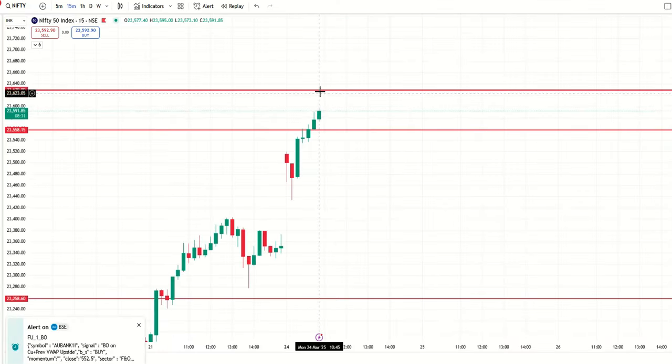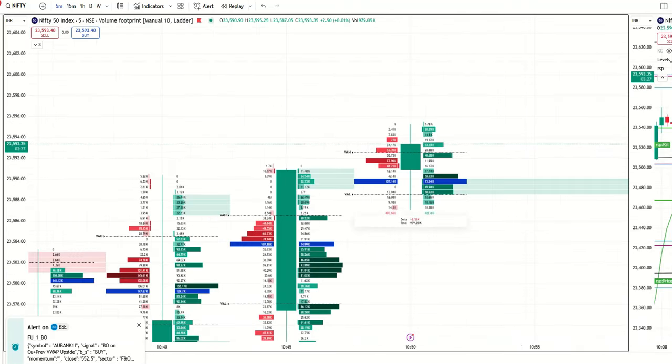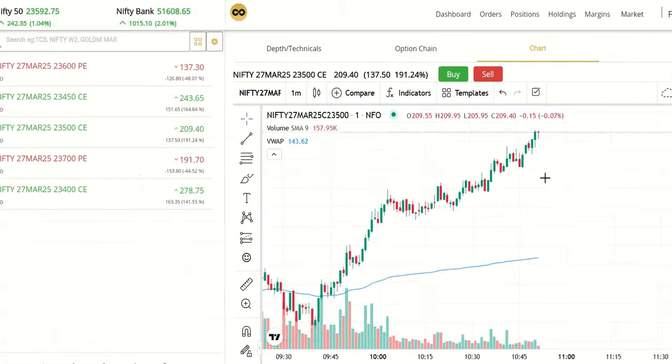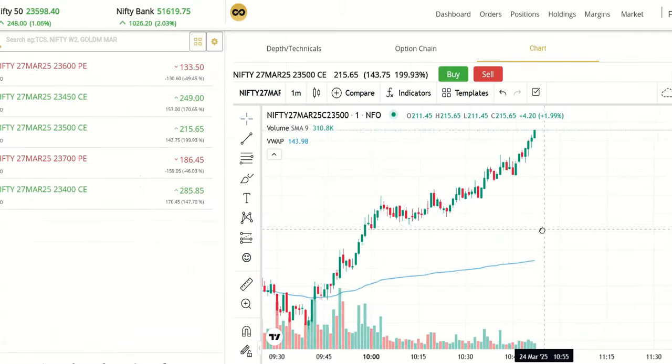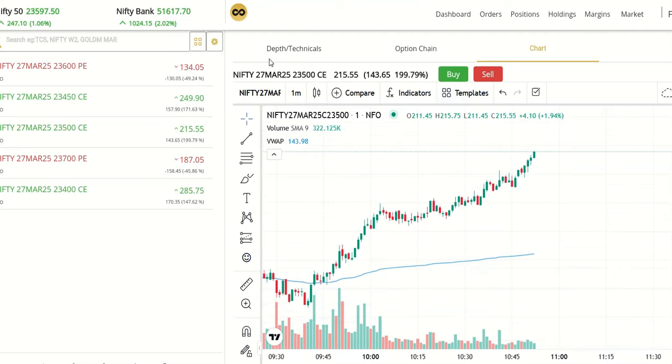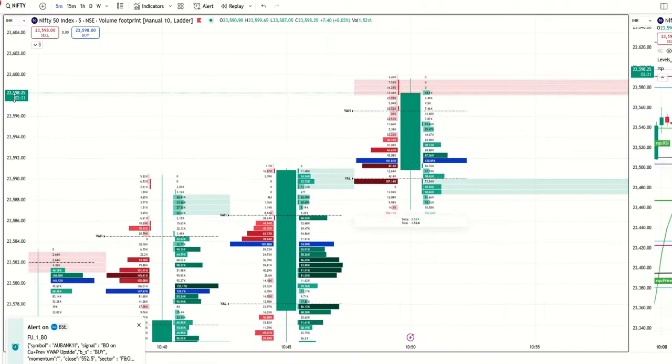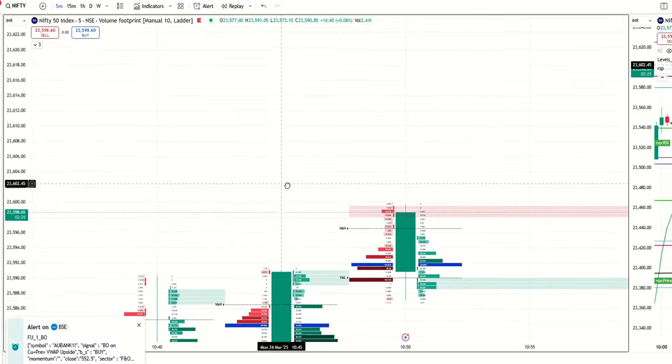And can you expect a reversal? Yes, reversal is somewhere here, 23,630, right? You look at this price here, 215, right? And you can see at least 220 here, because we are going to see 630, right?